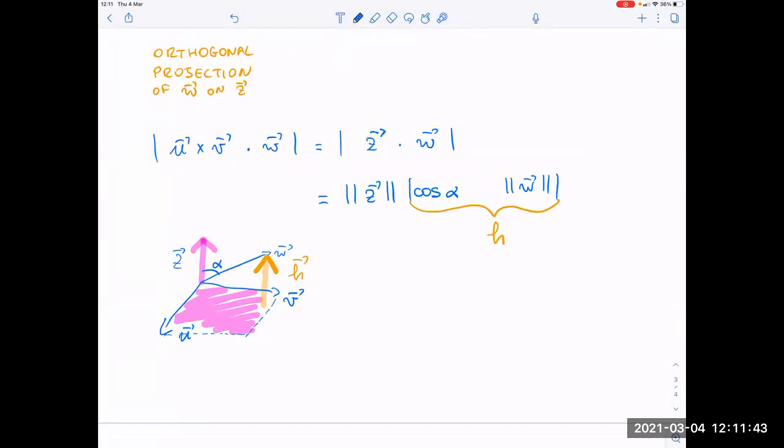And so this is the height. Otherwise, it could be minus the height. And then I'm multiplying the height, h, by the base area. So I did base area times height. And this is the volume of the box.